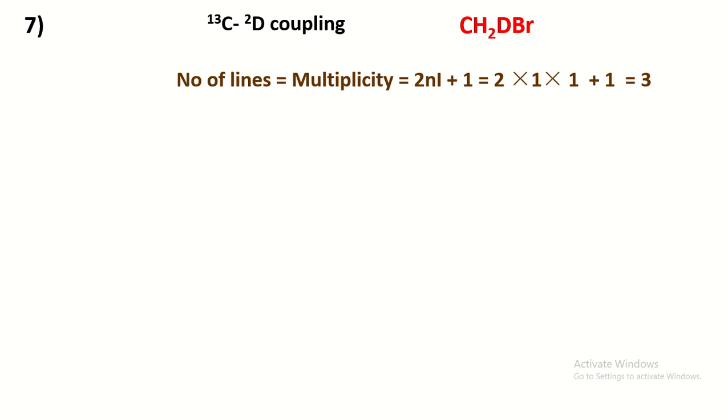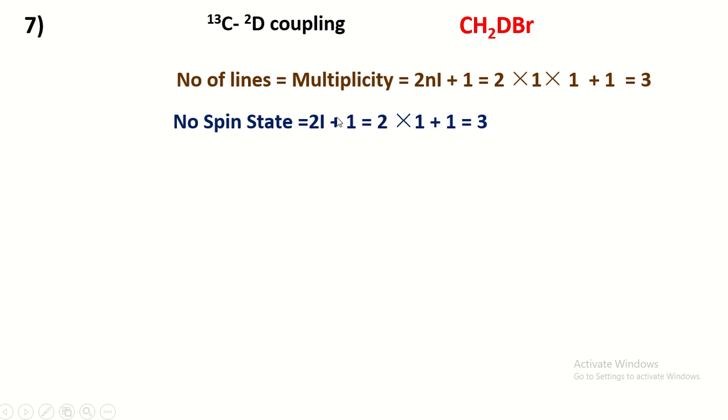Therefore, in this compound, n equals 1. Therefore, 2nI plus 1 equals 2 into 1 into the spin quantum number, I for deuterium is 1, into 1 plus 1, that equals 3. Therefore, this carbon-13 signal is split into three lines because it is attached to deuterium in the proton noise decoupled spectra.